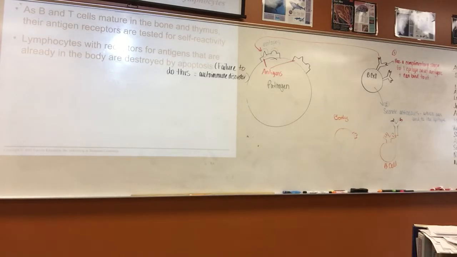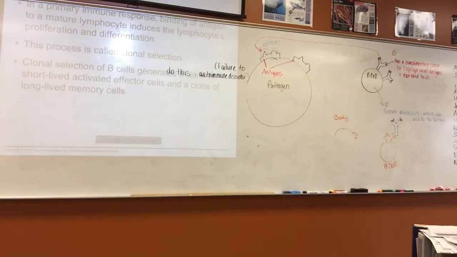Okay, so let's look now at what actually happens, what the B cells and the T cells do when you get an infection. We're just going to look at the B cells today. So we're going to look specifically here.